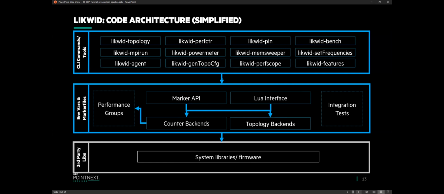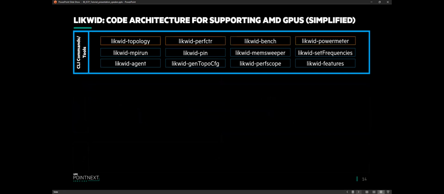And as I've already said, we've spent a couple of weeks in order to extend LIKWID to support AMD GPUs. To get the support into LIKWID, we first focused on extending likwid-topology to get the system information out of our system.